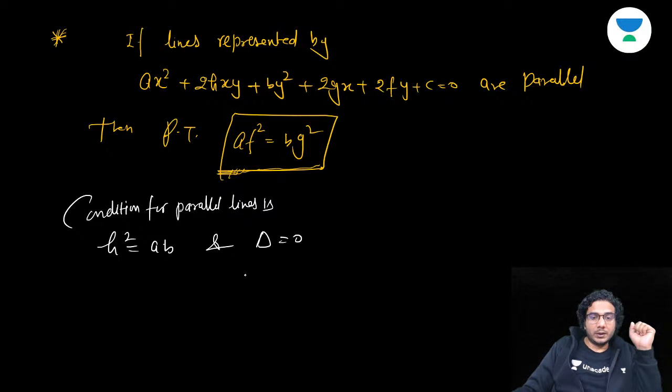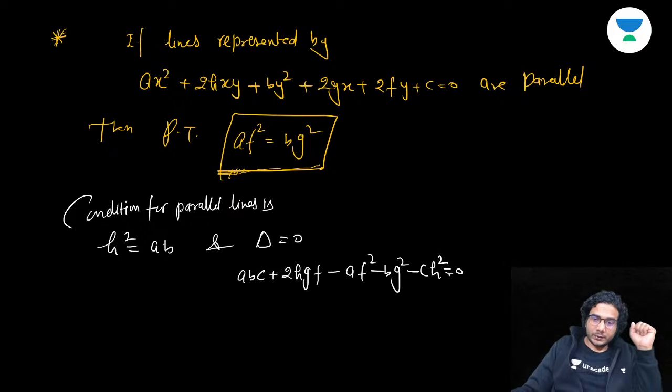So delta is what? Delta is abc plus 2hgf minus af square minus bg square minus ch square is equal to 0.